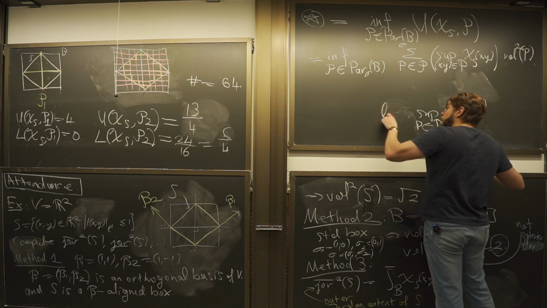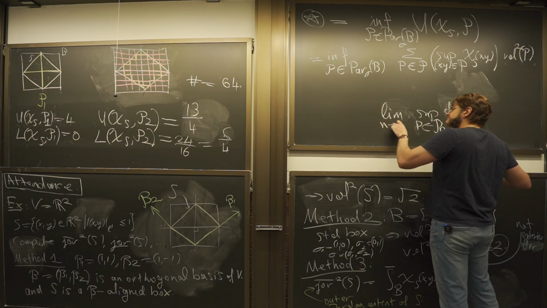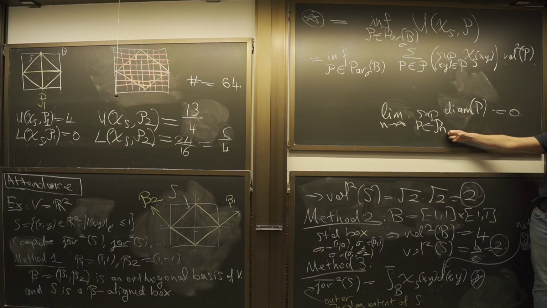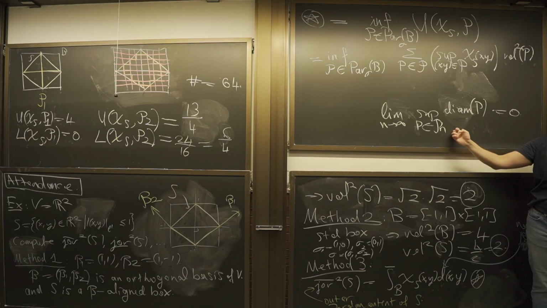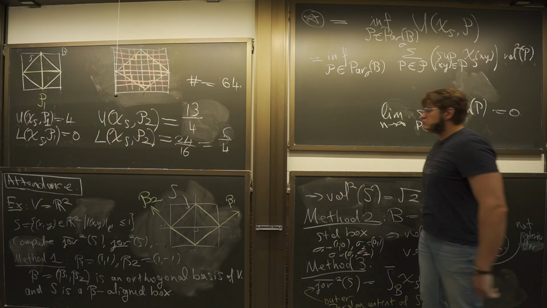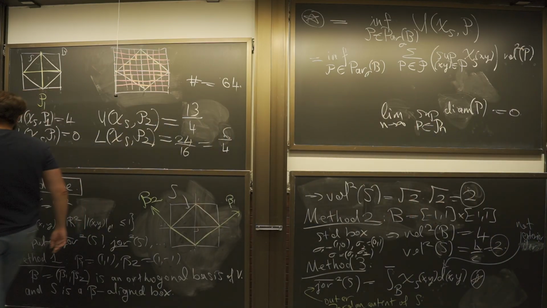As long as this goes to 0, so that as you refine along this sequence of partitions you're getting more and more resolution, you can just take the limit as n goes to infinity. And it doesn't matter which partition sequence you choose.